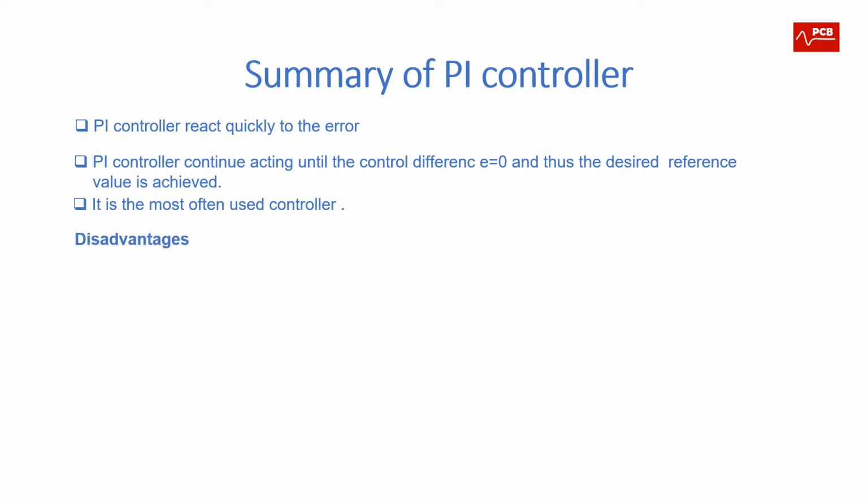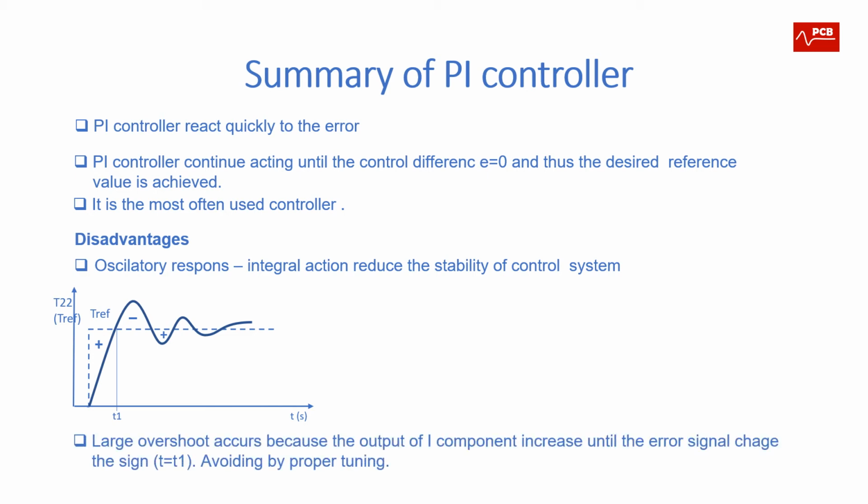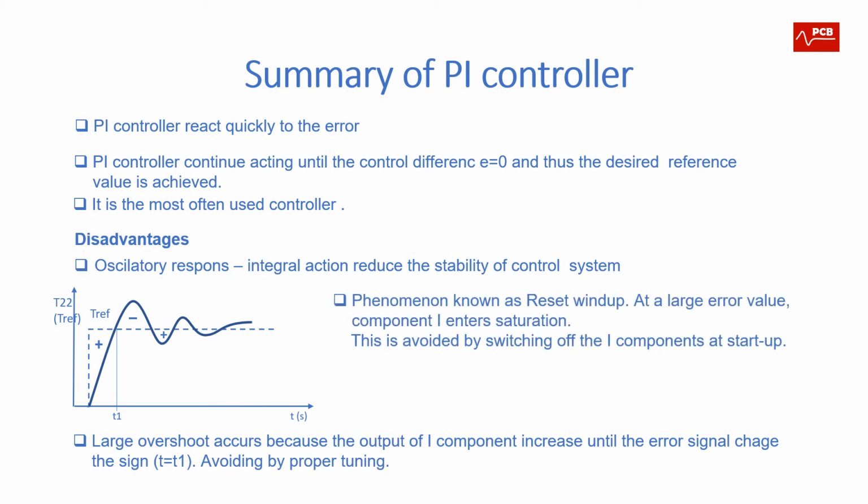There are also some disadvantages, and one of them is oscillatory response, which means that the integral component reduces the stability of the control system because of this overshooting response. There is also another phenomenon, which is also a disadvantage of this controller, known as reset windup.